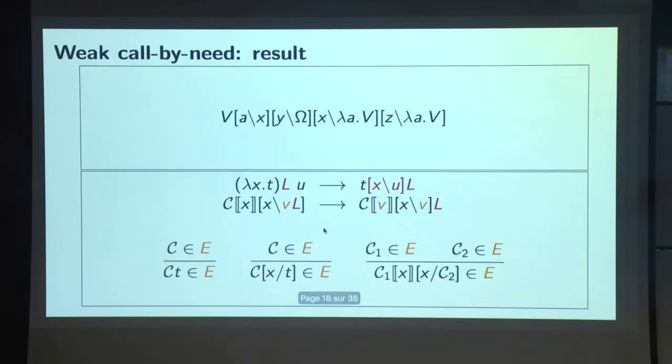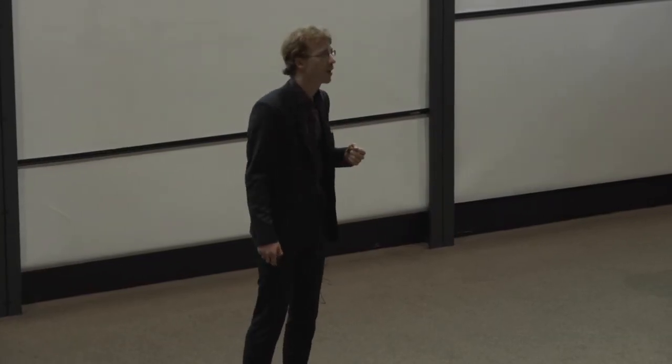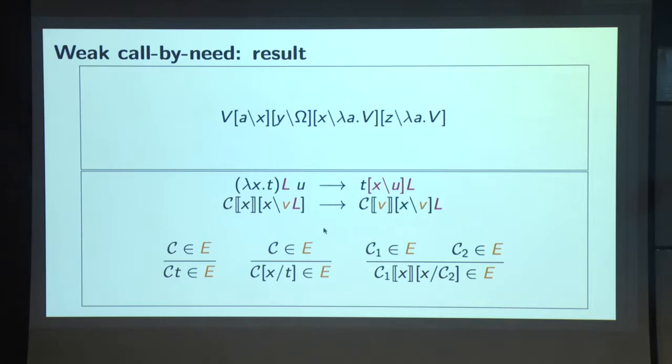And so with this, we arrive at the actual result of call by need evaluation for this term, which is a value v. It was a lambda b something, so that's a value under some context of substitutions. And this was defined using two reduction rules and a few rules for evaluation under context.